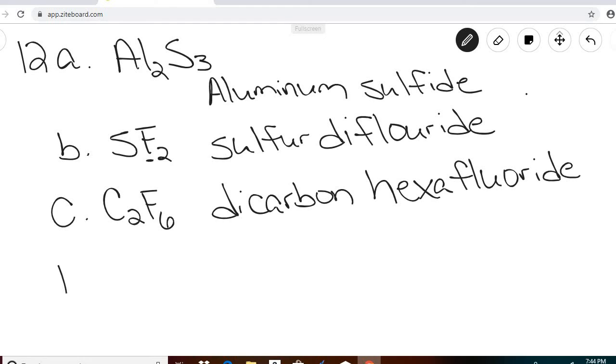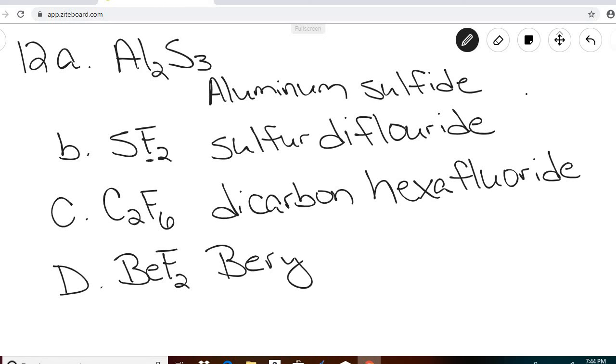And then D is BeF2. Okay, so that's ionic. Beryllium is a metal, fluorine is a nonmetal. So we would name it beryllium and then the ending "ide" for the fluoride.